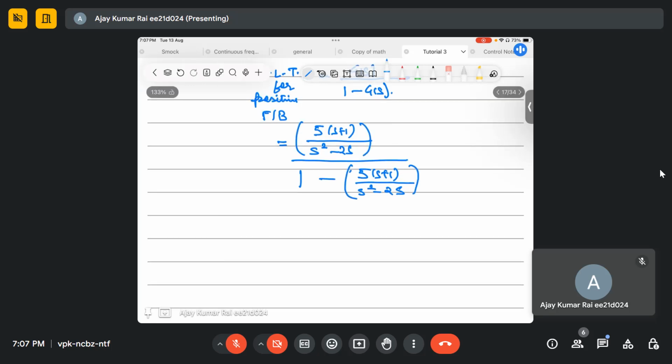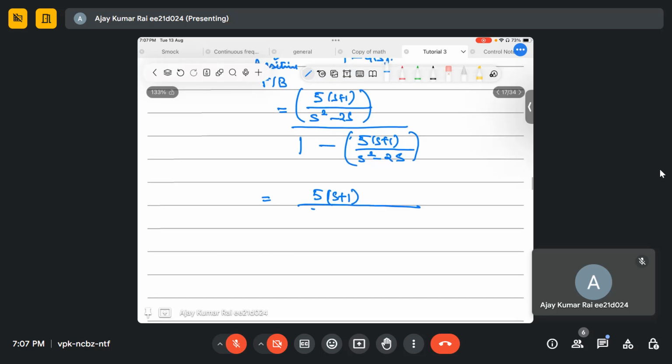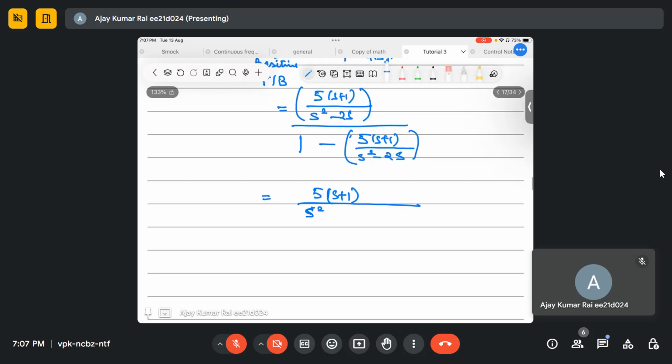So this will be equal to 5 into (s plus 1), s squared minus 2s minus 5s minus 5, so this will be equal to minus 7s.